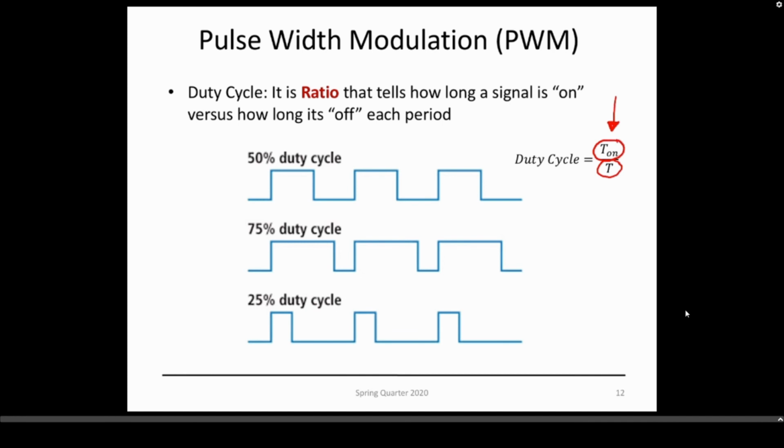So notice on the first example here on the 50% duty cycle, the period goes from this point to this point over here, and the time that it is on is only here, and in this case half of the time is on and half of the time is off, so it's a 50% duty cycle. The second example, you notice that you have more time on, so the duty cycle is bigger, and here you have less time on, so the duty cycle is less. So let's go over an example.